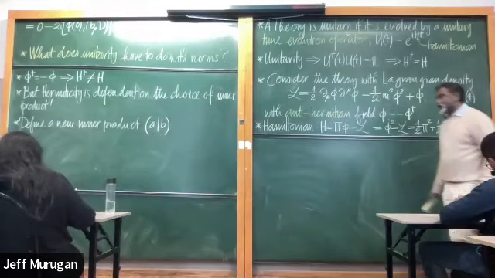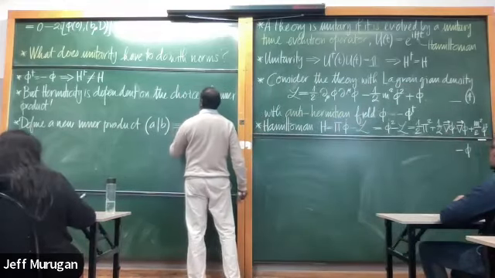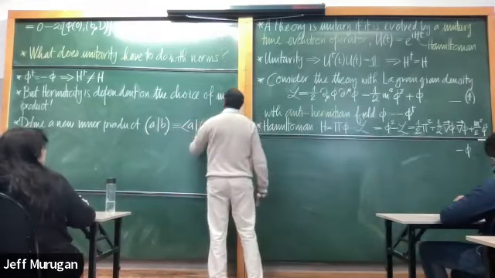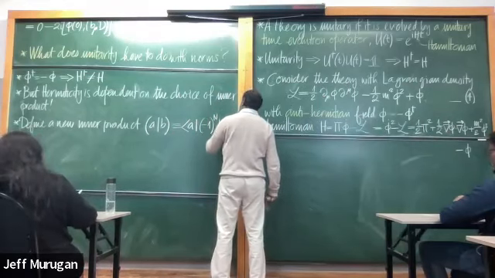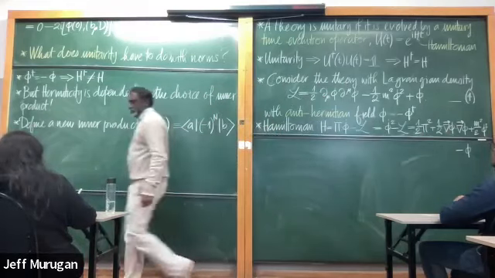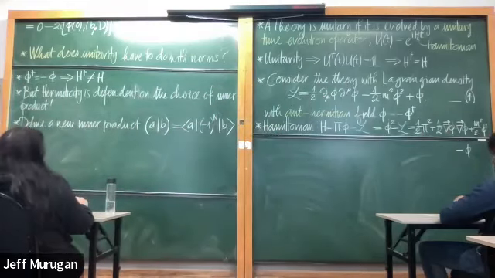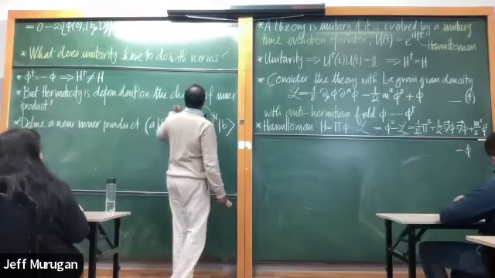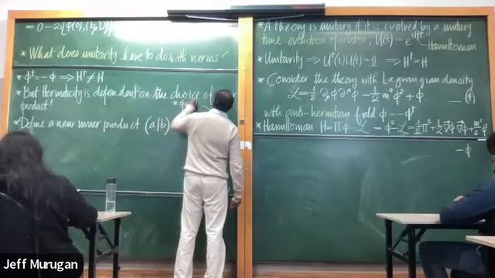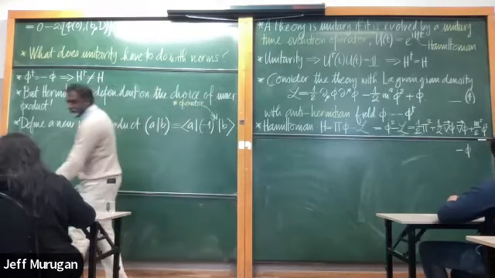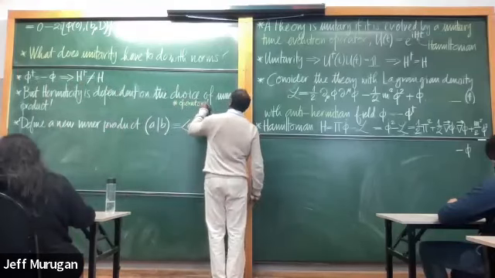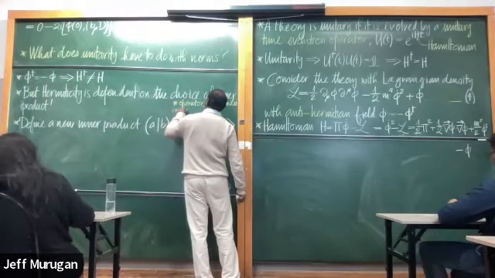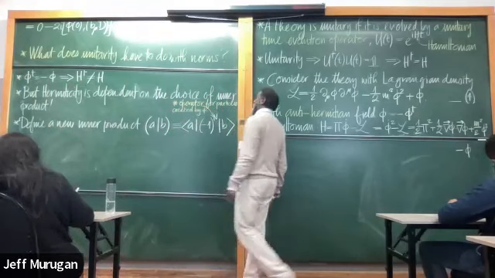So A inner product B will be defined as the standard inner product with angular brackets, but with a (-1)^N, where N is the number operator for particles created by the field phi.